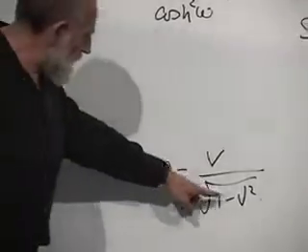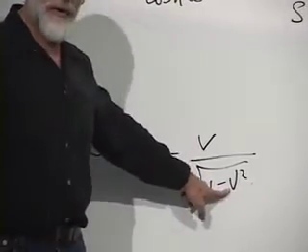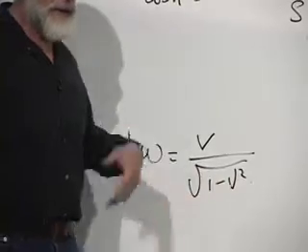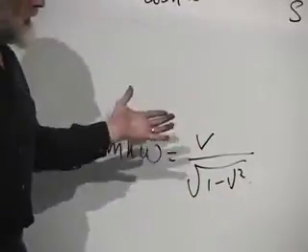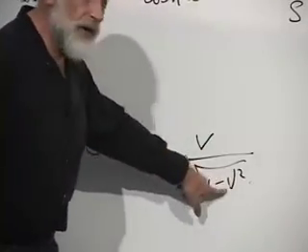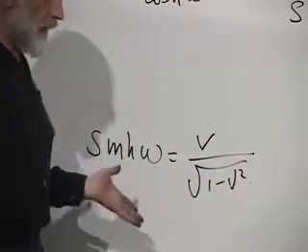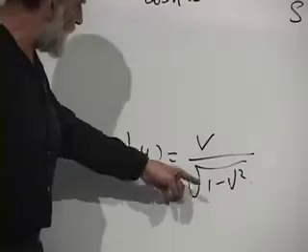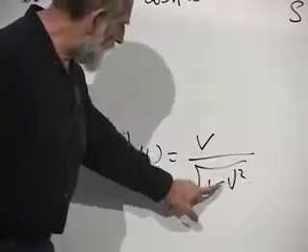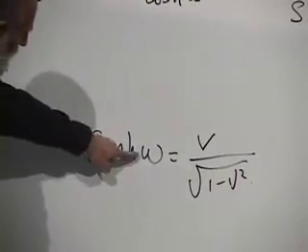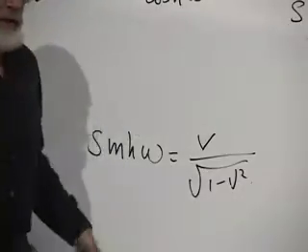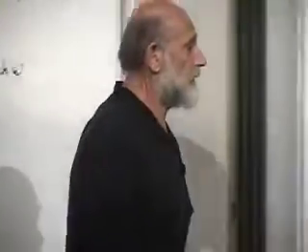For small velocity, 1 minus v squared is very close to 1. If the velocity is 100th of the speed of light, then this to within 1/10,000th is just 1. If we're talking about velocities 1/1,000,000th of the speed of light, then this is very close to 1. And so sinh omega and velocity are very close to each other. Let's see what's going on here.